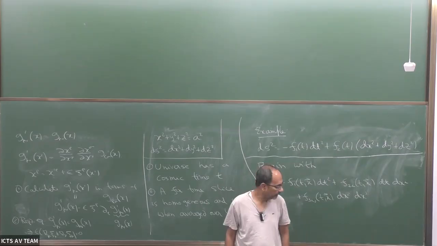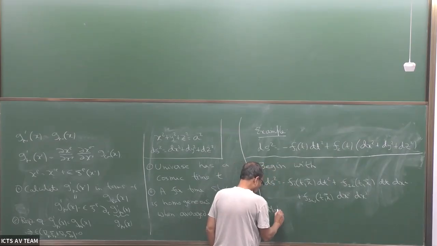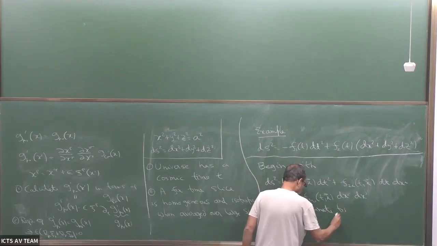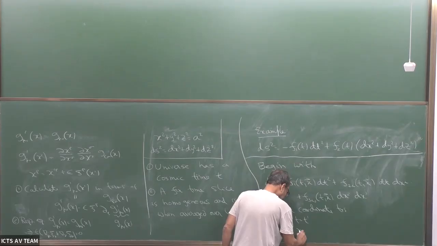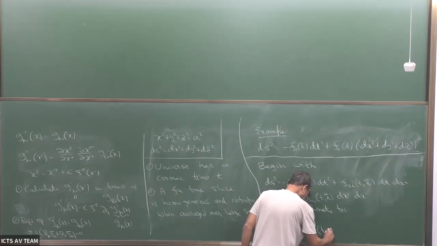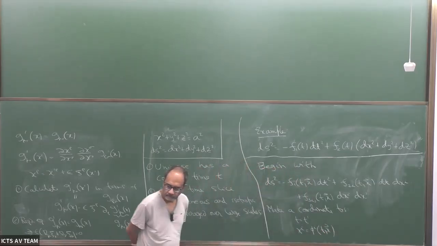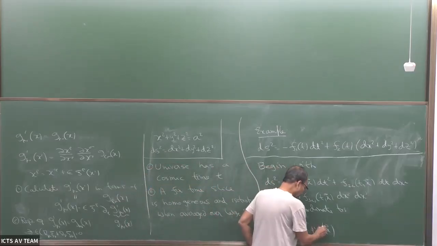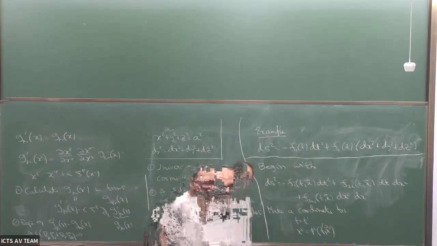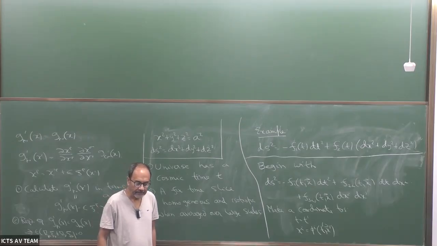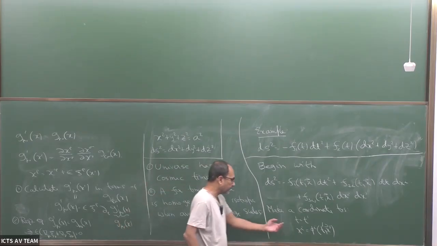Is this clear? So you make a coordinate transformation: t equal to t prime, and x^i equal to, let me call this, phi^i of t prime and x prime. t prime is the same as t, but I have written it in terms of the prime coordinates. And phi^i is up to us to choose.